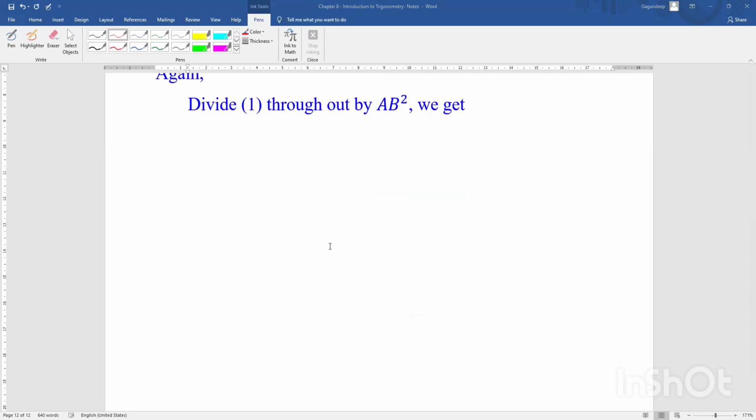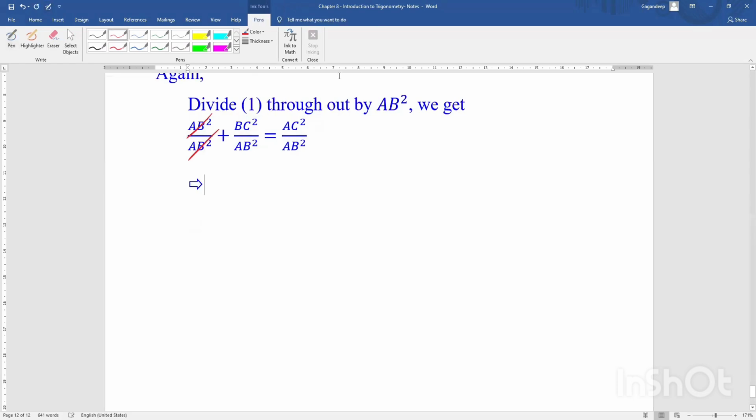So the first part we get like this, AB square by AB square, and then BC square by AB square. Then the last part we get AC square by AB square. Here AB square and AB square get cancelled.